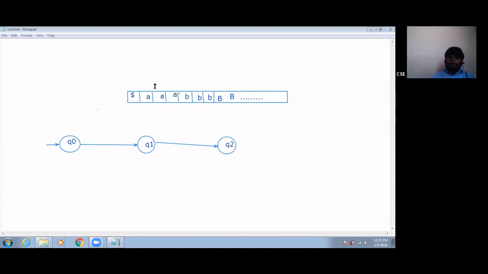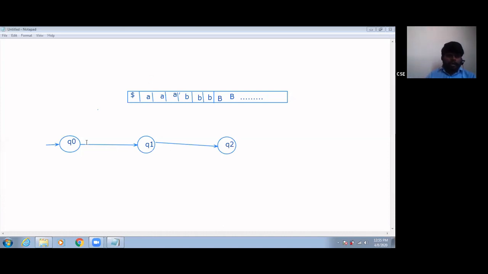See here. What is my intention? First problem, whenever A is coming, what do I have to do? Whenever A is encountered, my input string is A. What do I need to do in the transition? A, I need to replace with X, and I need to move right hand side.